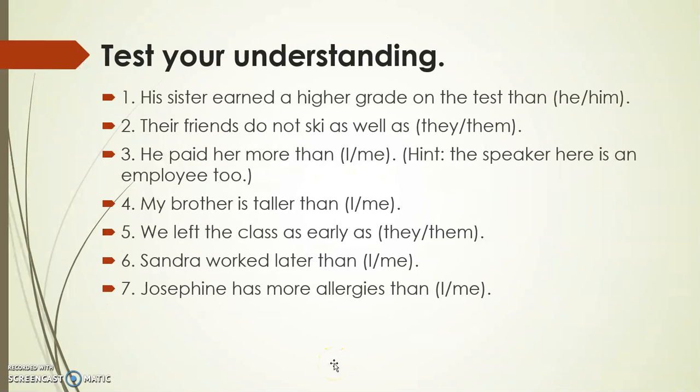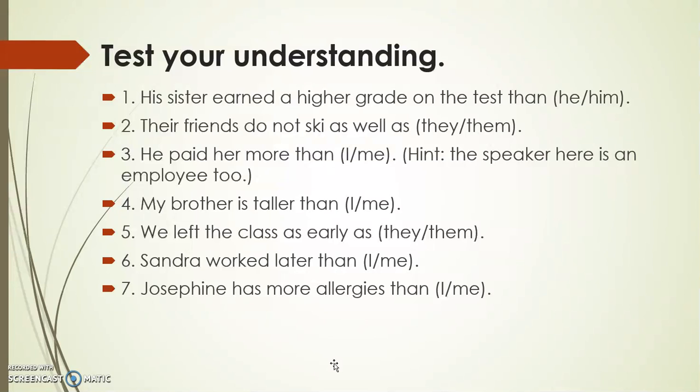So let's let you test your understanding. Take out a sheet of paper if you would like to, and you can pause this. I'm going to read these to you, but you can also pause it and just choose the correct answer that you think, and then we can check it on the next one. Number 1, his sister earned a higher grade on the test than he or him. Number 2, their friends do not ski as well as they or them.